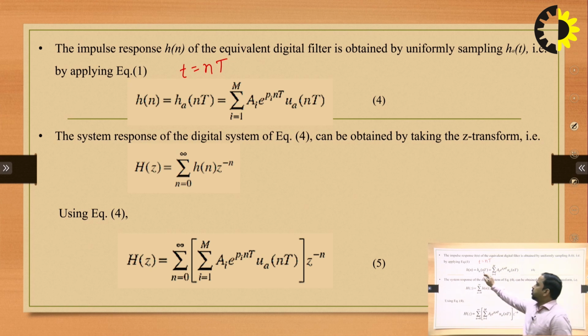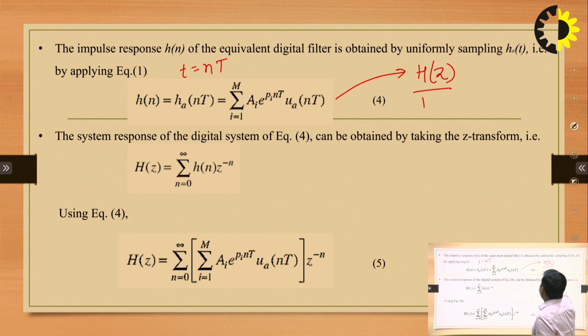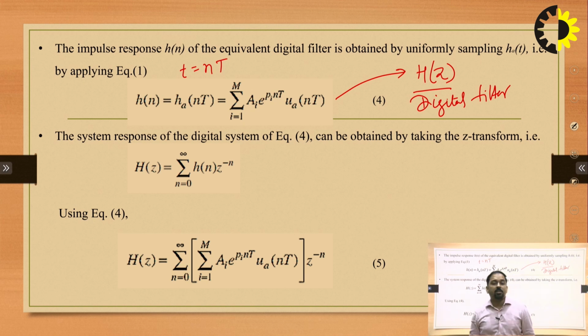So, h_a of nT equals the summation of A_i e raised to power p_i nT times u of nT. Now, since I am interested in finding the system function of my digital filter, the system function can be obtained by applying the Z transform to equation number 4.